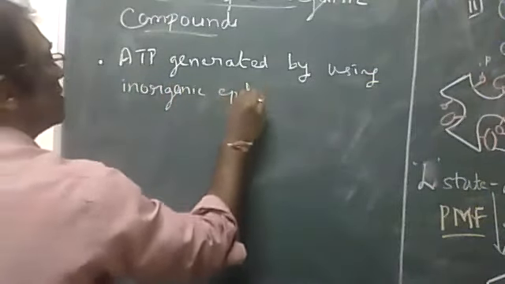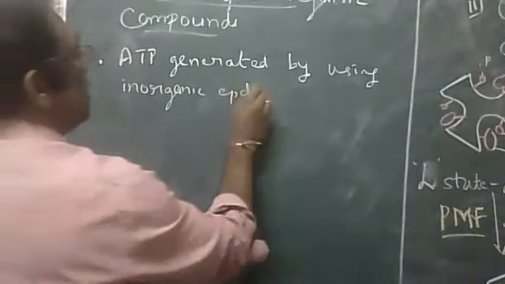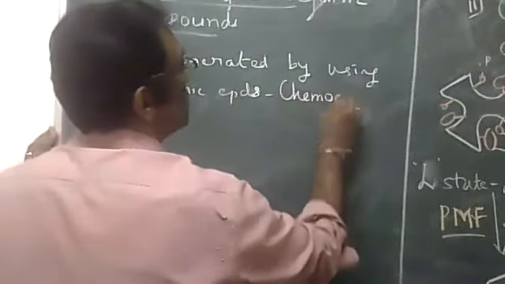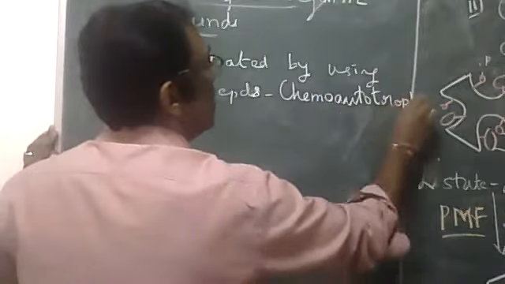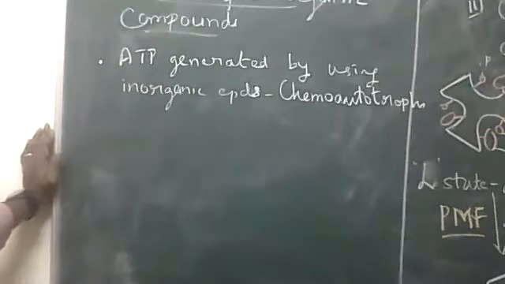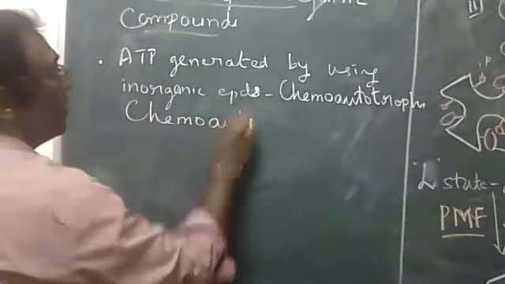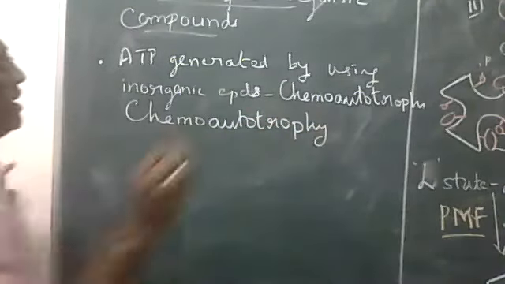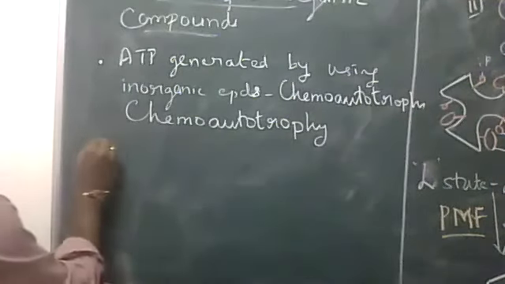So certain organisms produce energy by using inorganic compounds. These are called as chemoautotrophs. This is also called chemoautotrophy. Many question papers you have found this word chemoautotrophy. Chemoautotrophs, what they use, only inorganic compounds.